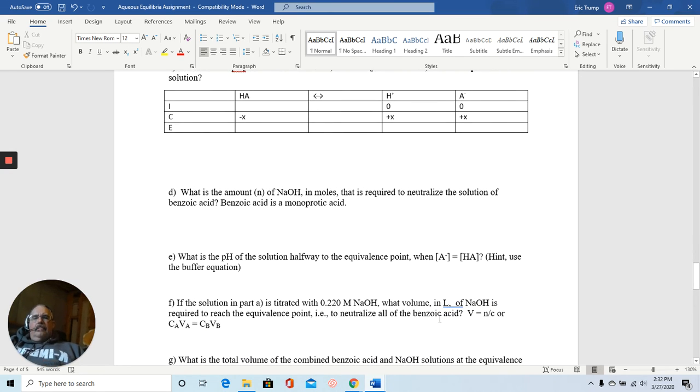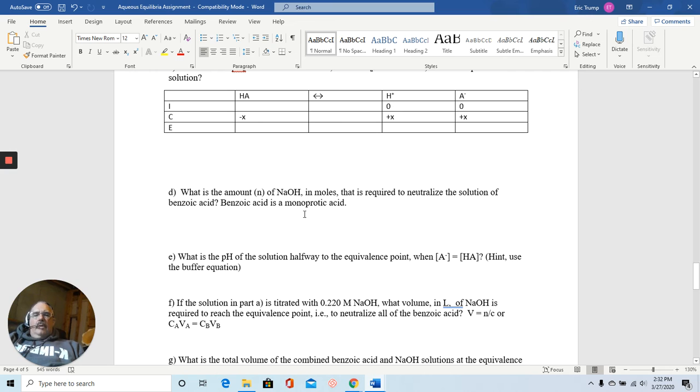Okay, part D. The amount of sodium hydroxide in millimoles that is required to neutralize the solution. Remember that important relation that I talked about.